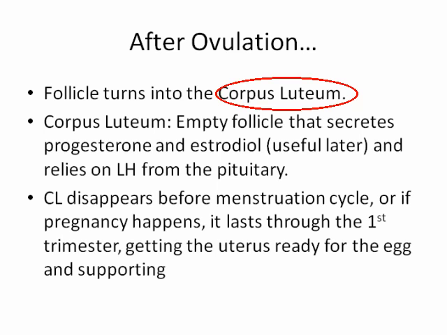The corpus luteum serves the purpose of releasing estrogen and progesterone, which basically acts as a support system for the uterus, specifically the endometrium. If the egg is fertilized, the corpus luteum hangs around to release estrogen and progesterone.